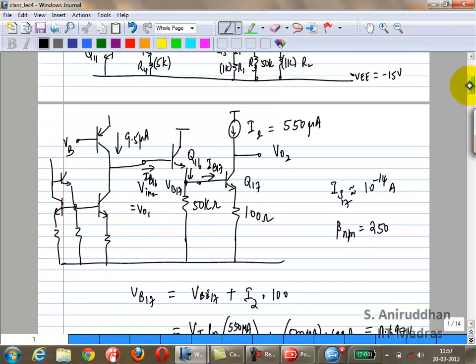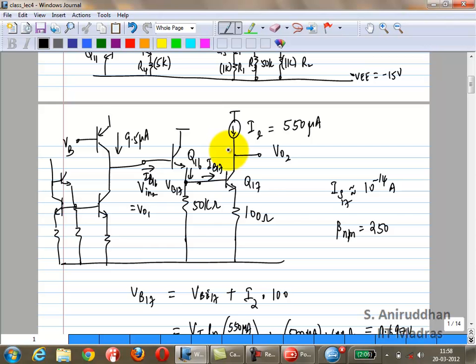So let's look at the second stage. You're saying between the base and collector of Q17? Is that right? You want to compensate using small values. Correct. So what does that mean?